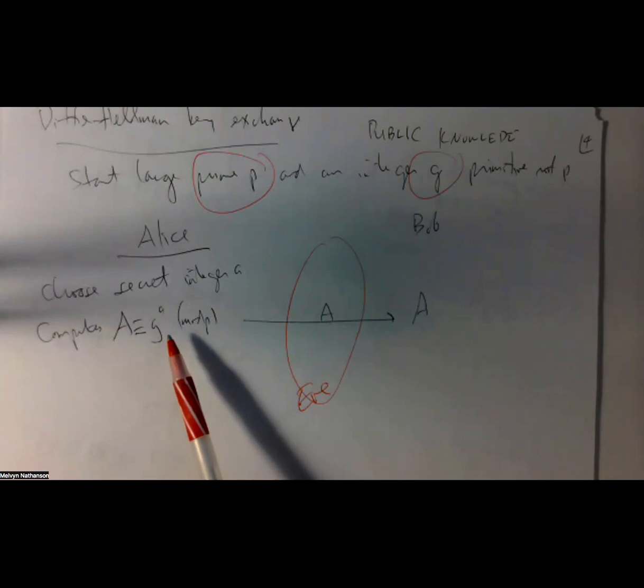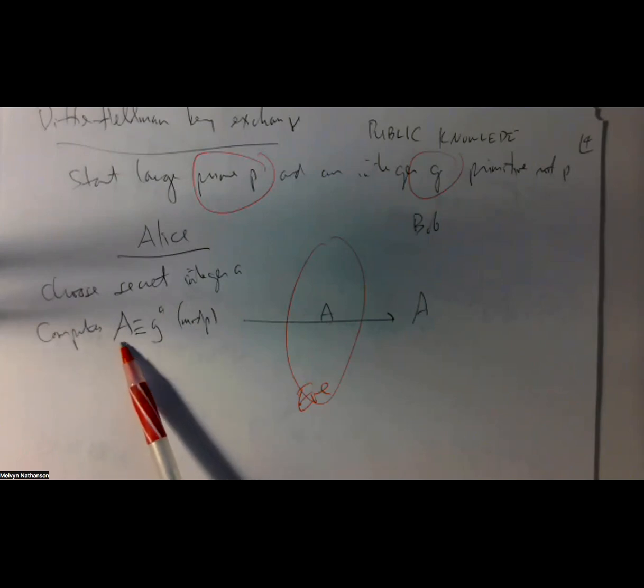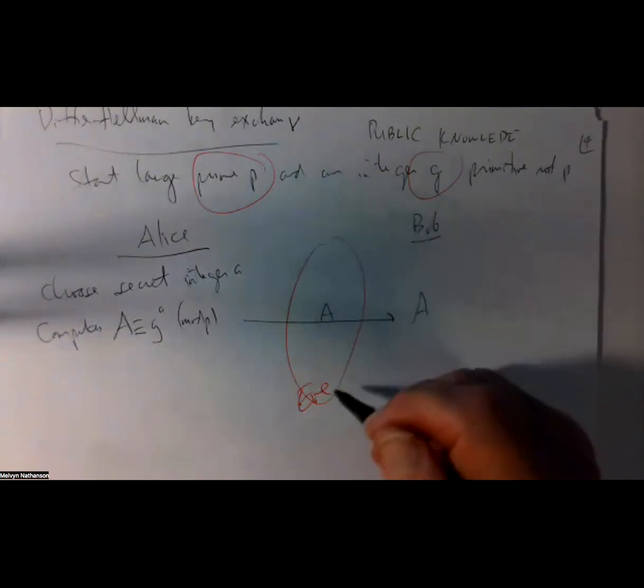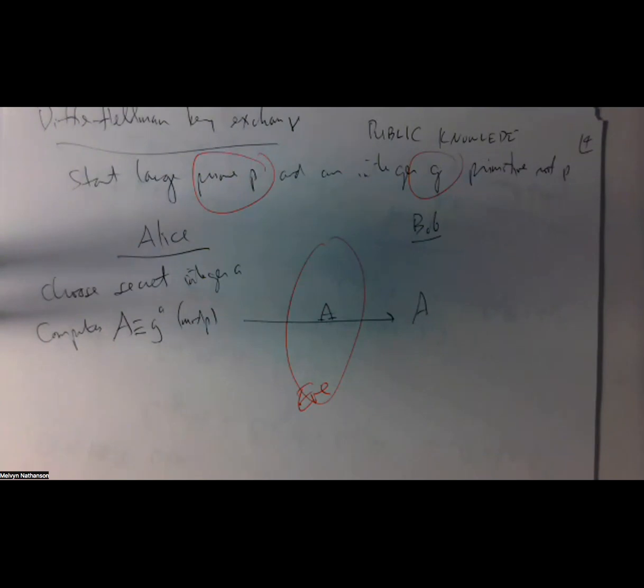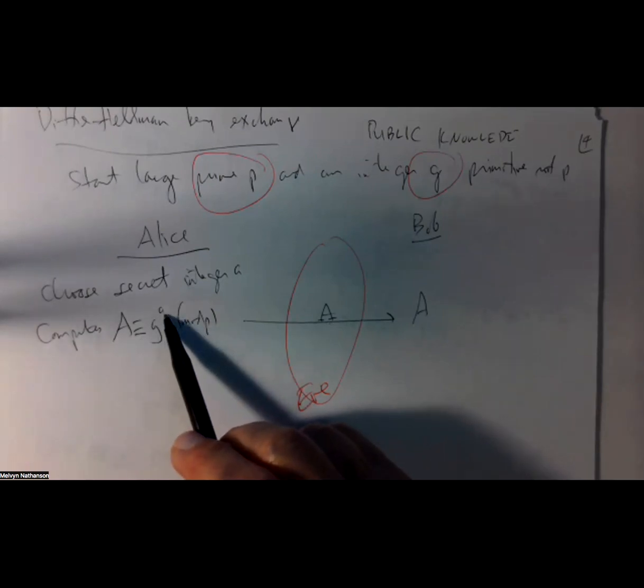So Alice computes capital A, sends it to Bob, and Eve intercepts it and knows what capital A is. She's a spy. She can eavesdrop and get that number. But she doesn't know little a.